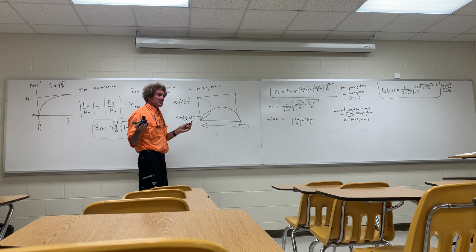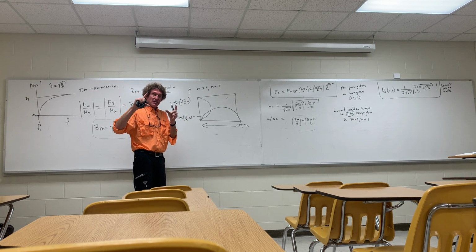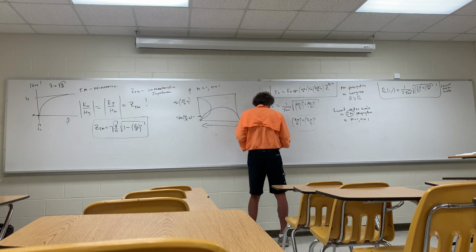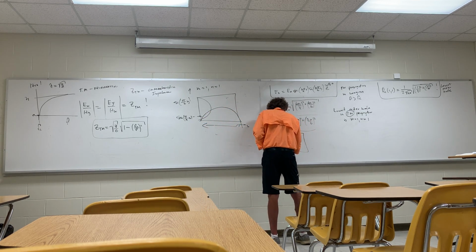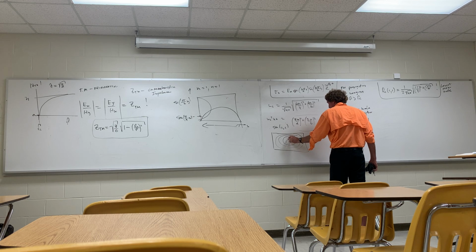What would actually happen, at the end of the day, if you looked at the actual magnitude of EZ and drew contours of equal potential, and he does this in the book, for the TM11 mode, you basically get contours that look like this. They're basically circular, where these contours would have a very large value in the center, and asymptotically they go to zero.